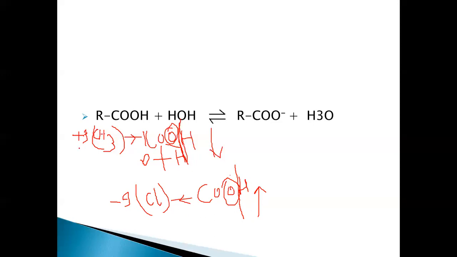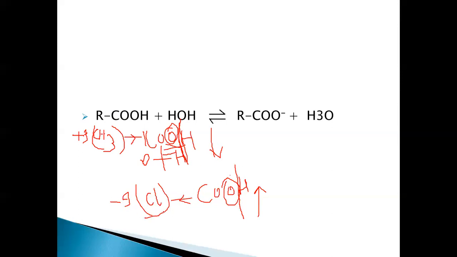This is because the plus I, to repeat, for example, the CH3 will release the electrons into the system, which in turn will increase the electron density on the oxygen. So the ease at which the OH bond is dissociated is less. So the acidity is decreasing here.